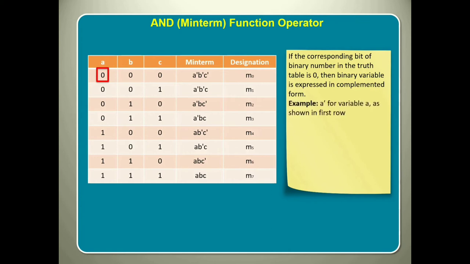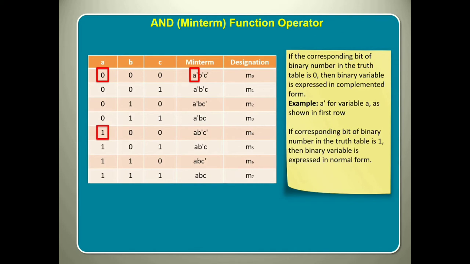For example, A complement for variable A as shown in first row. And if corresponding bit of binary number in the truth table is 1, then binary variable is expressed in normal form. For example, A for variable A as shown in fifth row.